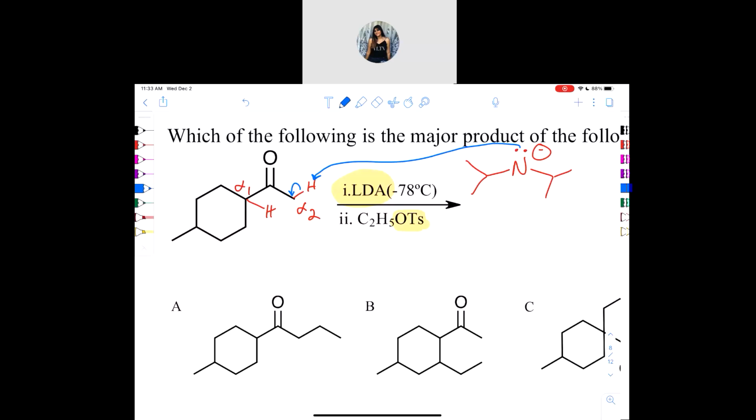I believe we did 1 or 2 examples like this. Yes, it can be a really good leaving group. Exactly. So I'm going to go ahead and just call this whole thing a leaving group. So that means here we have a C2H5, which is just this. And attached to that, we are going to just replace OTS with leaving group.